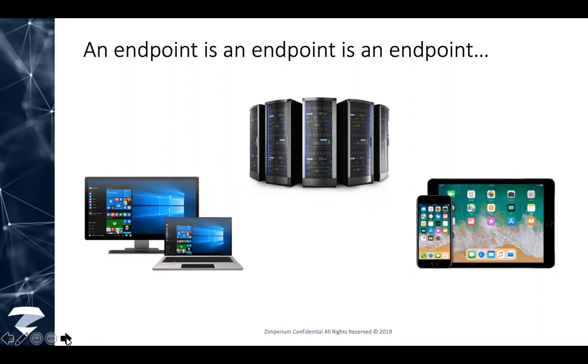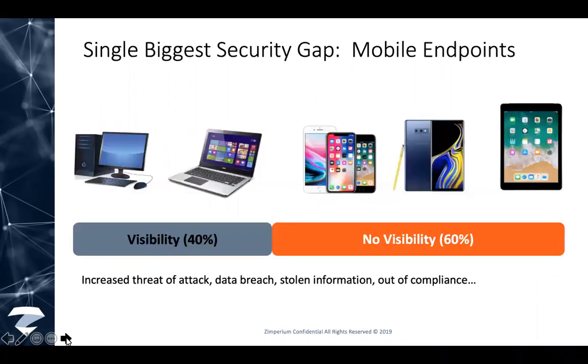And why that's increasingly important is, in a typical enterprise today, 60% of the endpoints accessing and holding corporate data are mobile. So all the investments we've made traditionally in endpoint security cover 40% of the endpoints in a typical enterprise today, which means 60% are unprotected and have no visibility into them. So it's critical to have this thought process of, it's just another endpoint.